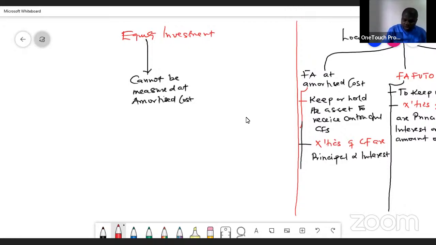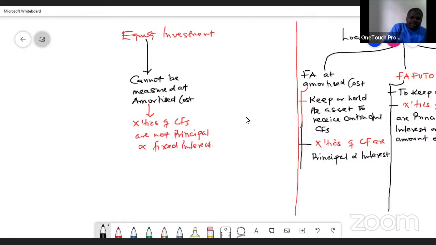Because the characteristics of the cash flows are not principal and fixed interest. However, it can be classified as what? Either fair value through P&L or fair value through OCI.